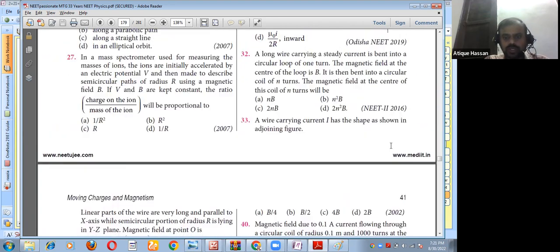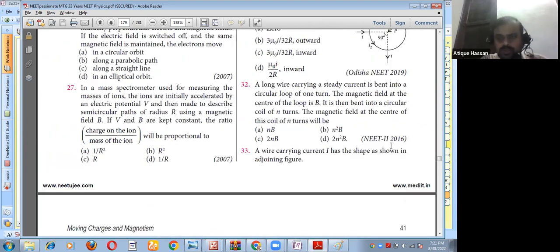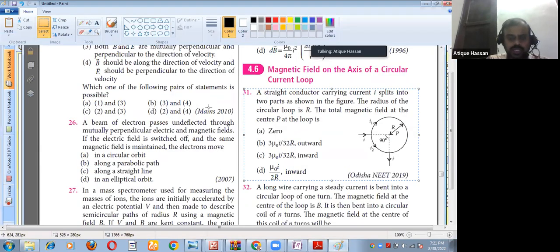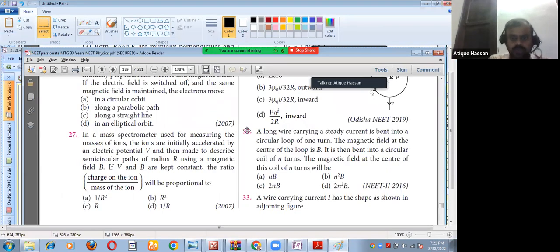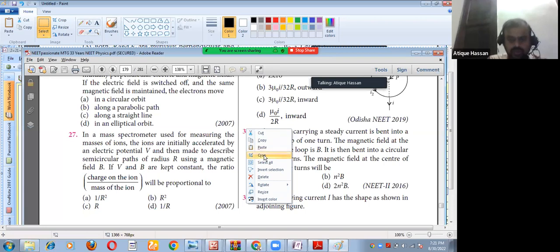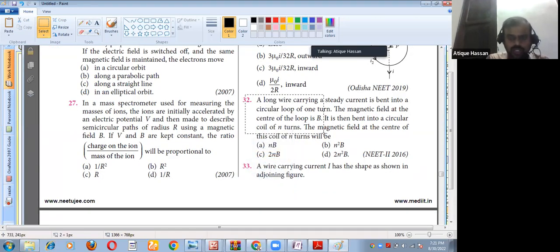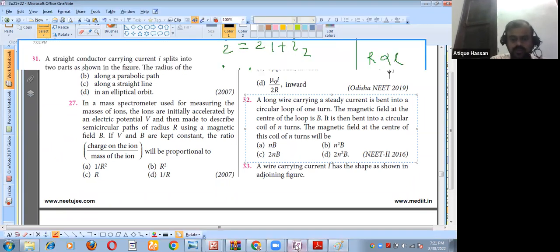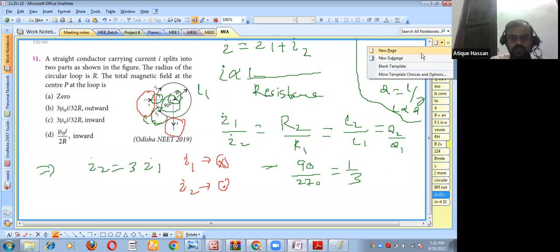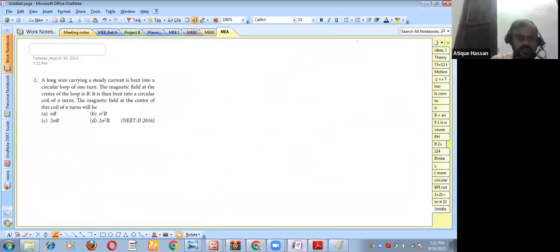Solve this question number 32. This is also a NEET question, NEET 2016.